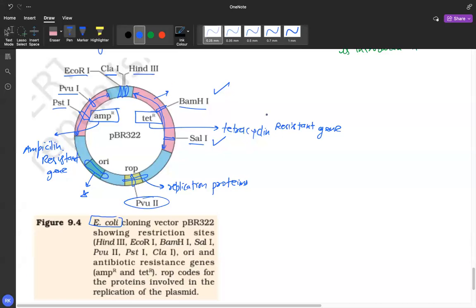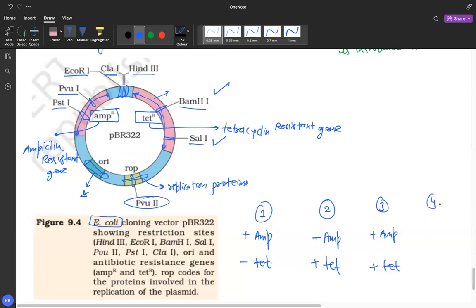Okay, let's go one by one. First scenario is you have put ampicillin, but you have not put tetracycline. So tet negative and amp positive. This is culture 1. Second is amp negative, tet positive. Third is both amp and tet positive.